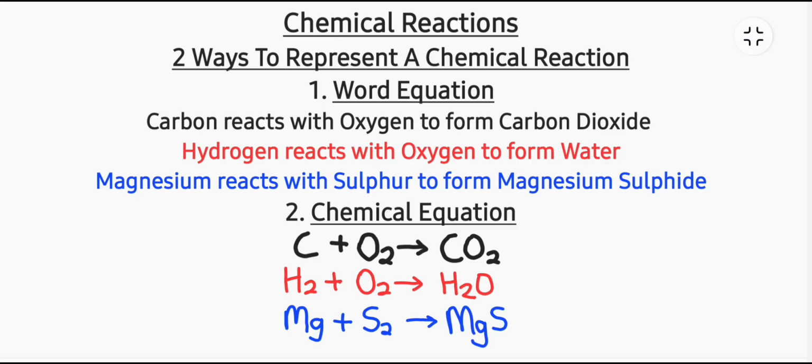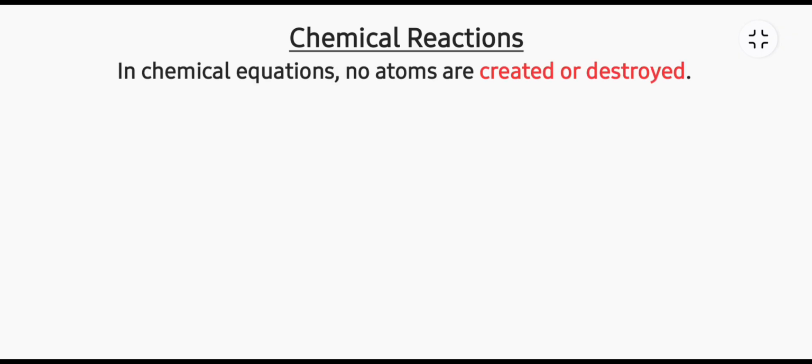Now let's go and try to balance chemical equations. Before I start balancing, I would like us to check this. What you should know about chemical equations is that in chemical equations, no atoms are created or destroyed.